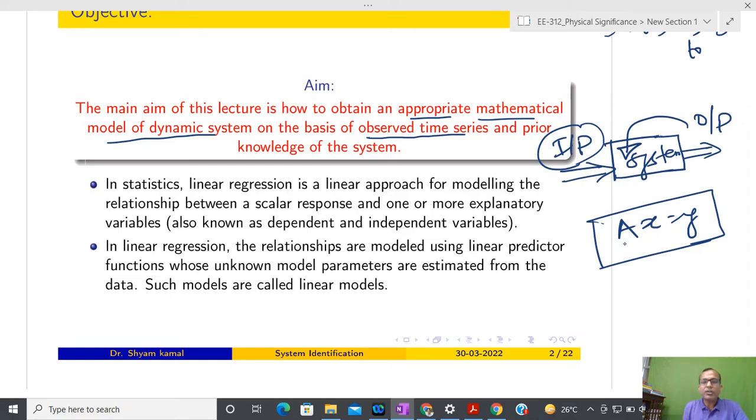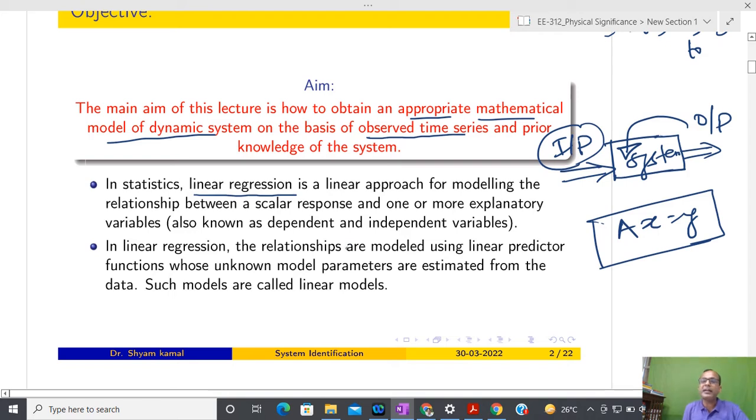Before going to the actual problem, it is possible to show that this class of problem, where I know the system and have some observed time series data, is a topic of statistics. In statistics, one thing is called linear regression.